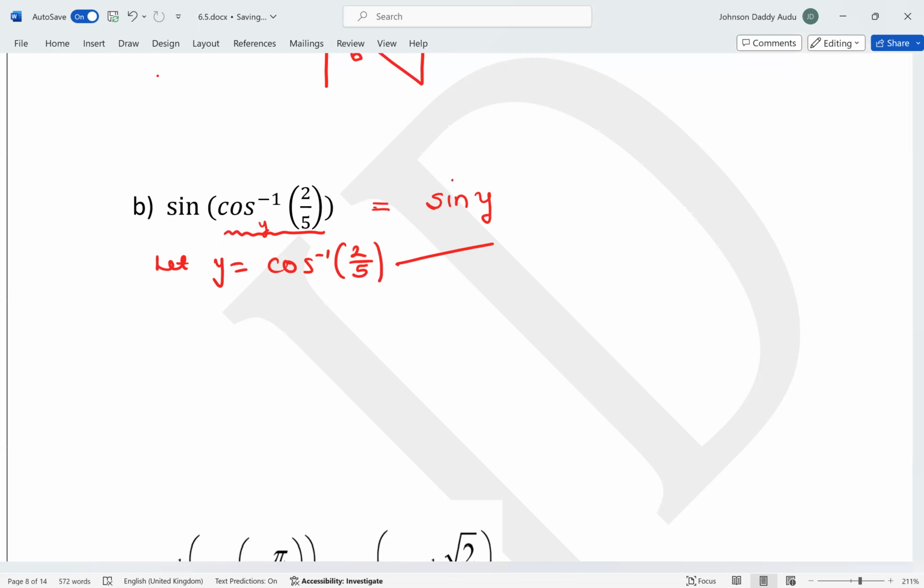Now, cosine inverse is either in the first or in the second quadrant. This is simply because of the range of cosine inverse. Yes, so cosine y is going to be 2 over 5, which means that cosine is positive. So this can only happen in the first or in the fourth quadrant.